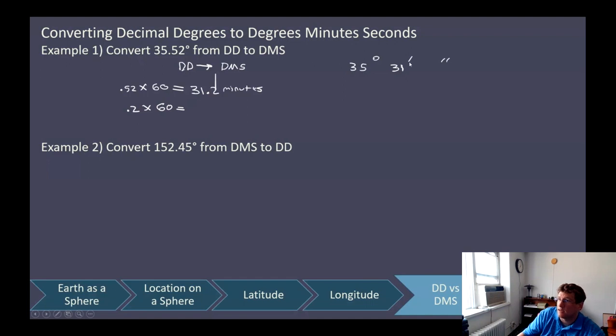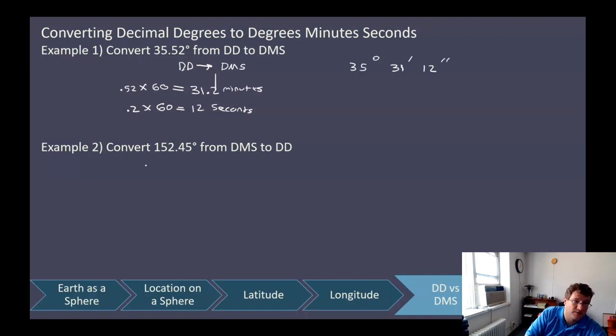And so if we take 60 and multiply by 0.2, we get 12 seconds. So 35.52 decimal degrees translates to 35 degrees, 31 minutes, 12 seconds. So hopefully that makes sense.